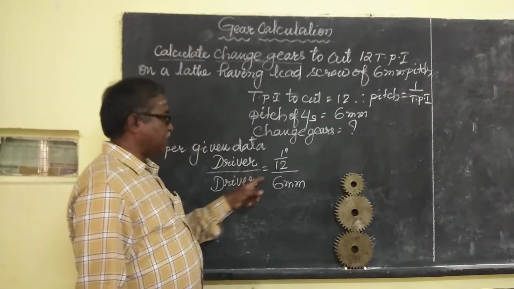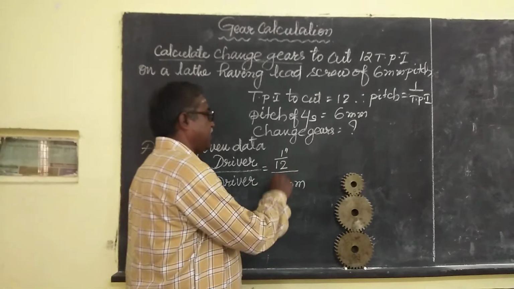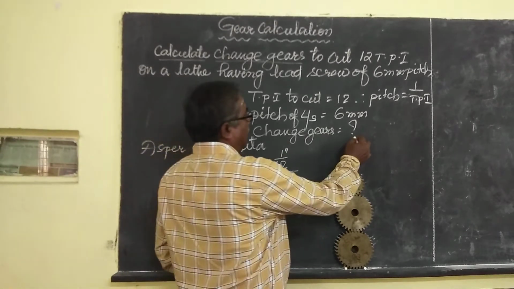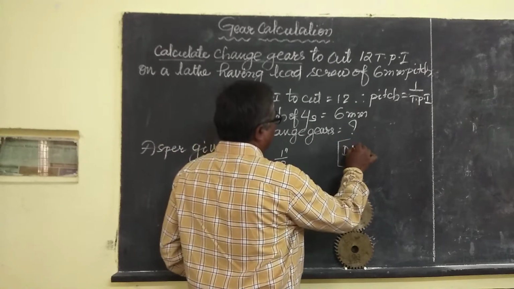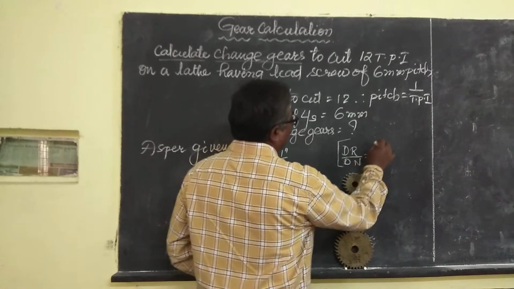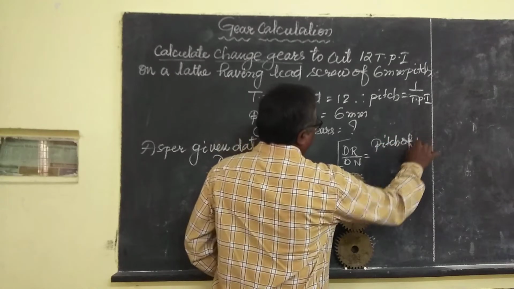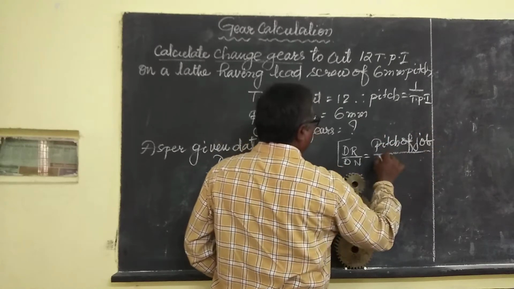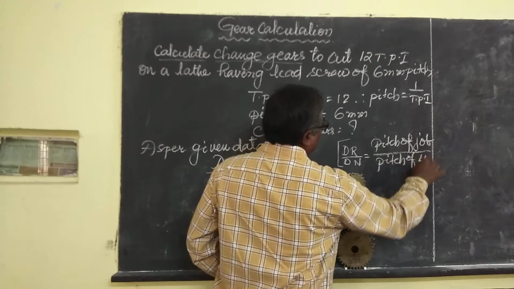Driver by driven is equal to pitch of job by pitch of lead screw. We already discussed this in the last class. Otherwise, write the formula here: Dr by Dn equals pitch of job by pitch of lead screw. This is the formula.